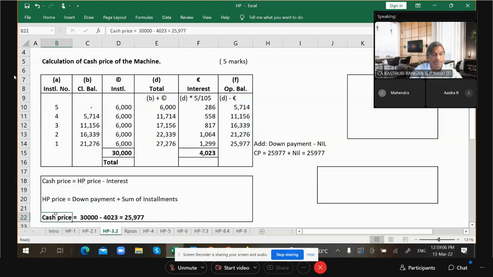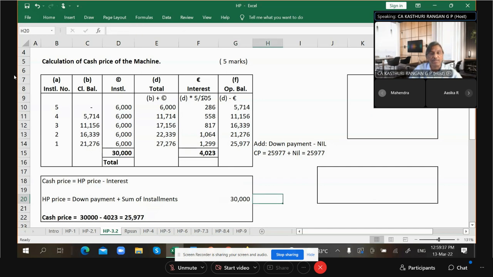It will be 30,000, correct? What is interest? 4,023. So minus that, you will get the cash price. So either you can add down payment to this, get the cash price, or you can apply this formula to get the cash price. So HP price is equal to down payment plus sum of all, which is 30,000. Cash price is what? HP price minus interest, 25,977.